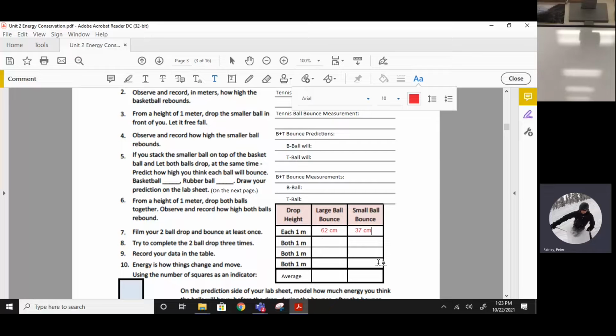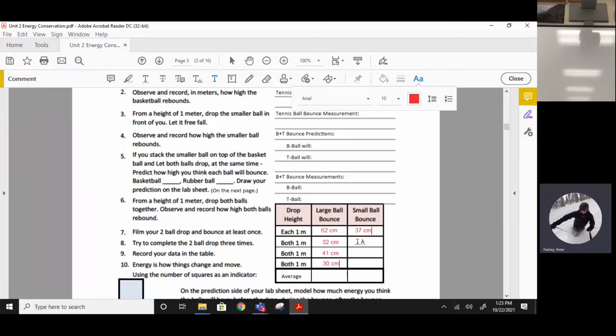So just to make some approximate numbers, 32 centimeters on the first trial. On the second attempt, 41 centimeters. And on the third attempt, I'm just estimating these. I'm kind of making them up, but I know the approximate values that they actually were. Let's say that was about 30 centimeters.